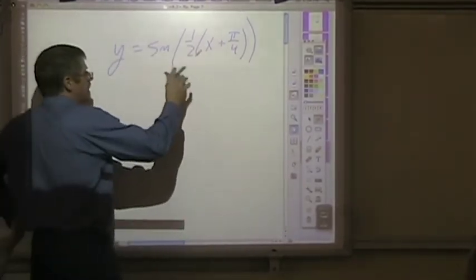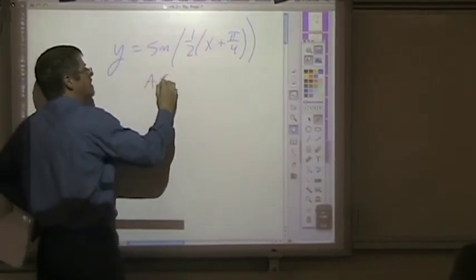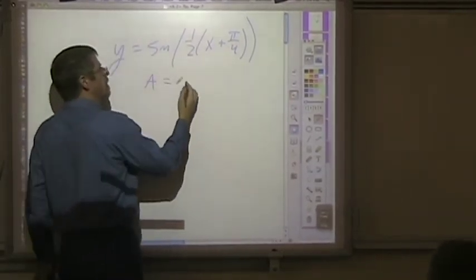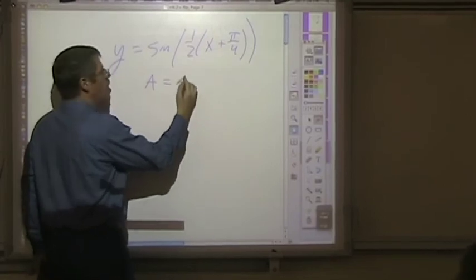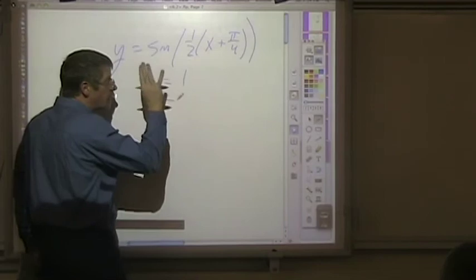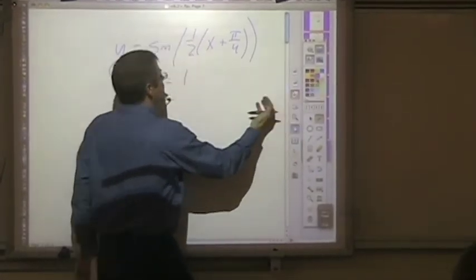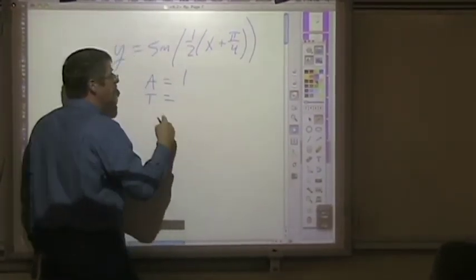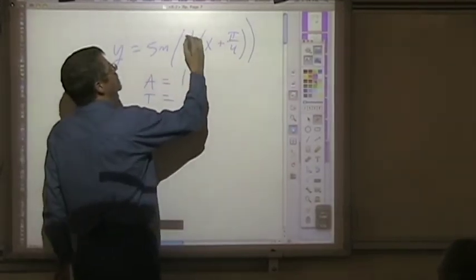So, here we go. Let's ignore that. Amplitude is what? Amplitude is 1. And the period is ordinarily 2 pi. In fact, since the period is always the number under 2 pi, if you want, you can force a 2 pi in here.